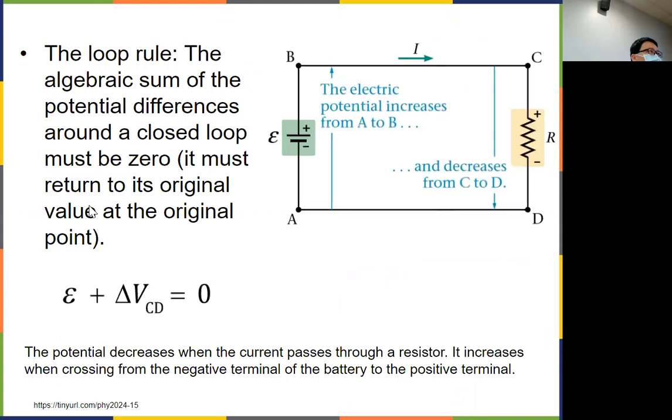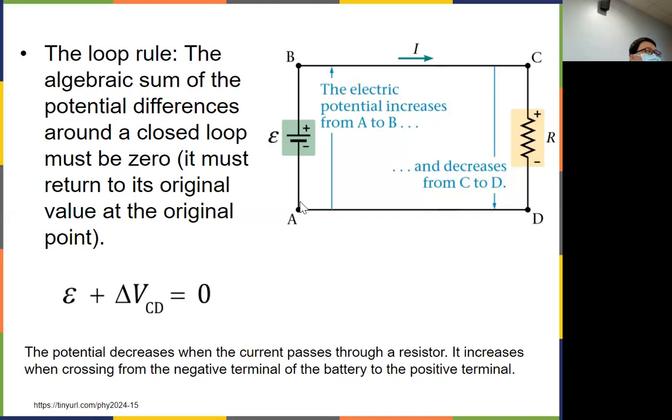For the loop rule here, if you go from, say, point A to B to C to D and back to A, this is what's happening. You'll be counting the potential change across each element you encounter. There are certain rules here as well.